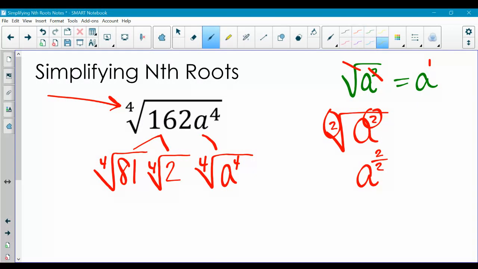Now, when we simplify this, the fourth root of 81 is equivalent to plain old 3. And we want to remember the fourth root of a to the fourth power cancels out to just an a. So the only thing we have left to record in our answer is the fourth root of 2. So that's our final answer.